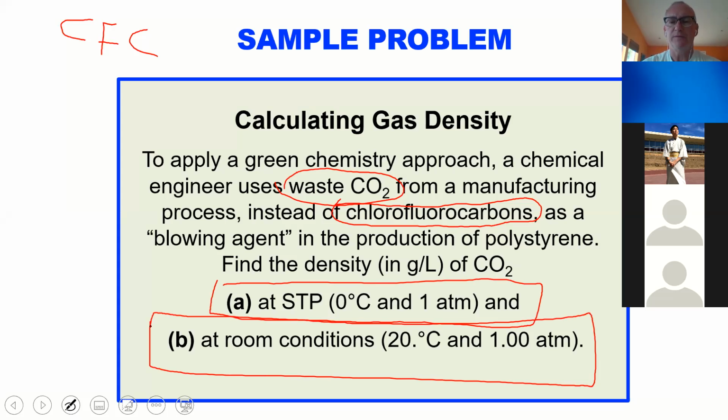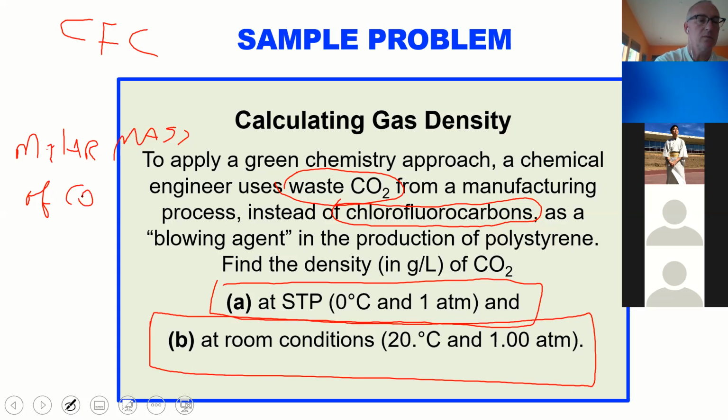So how do we go about doing that? We want to find the density. So first thing we need to figure out is what's the molar mass of CO2? So how much does a mole of CO2, what's the mass of a mole of CO2?